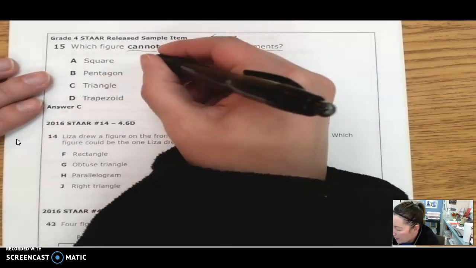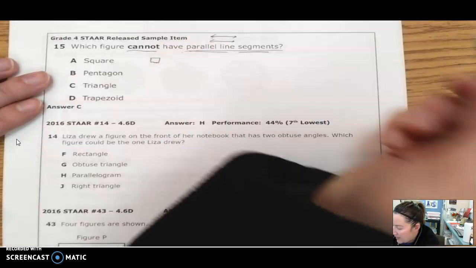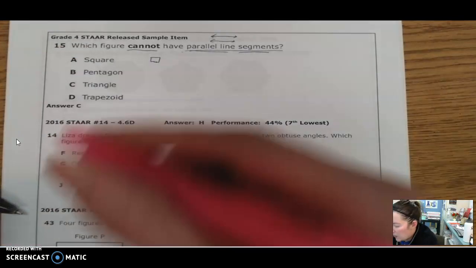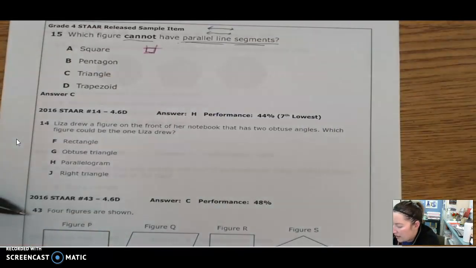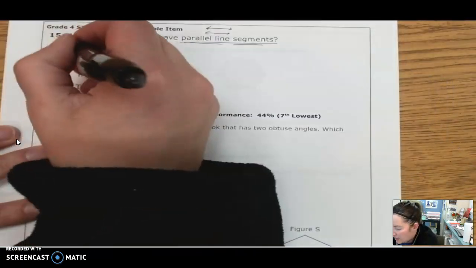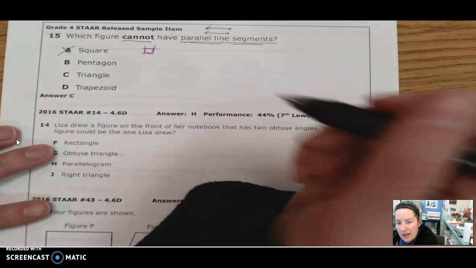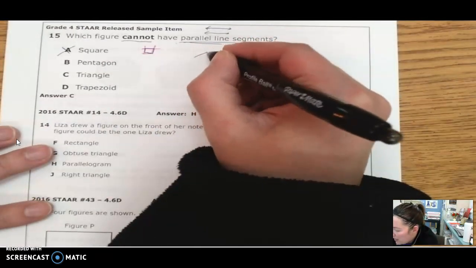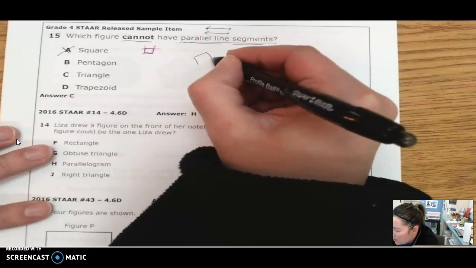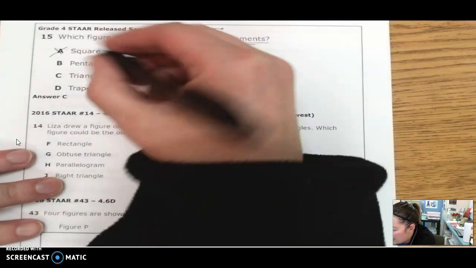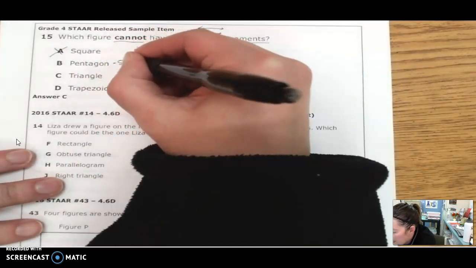So a square. Does a square have parallel lines? Yeah, a square has parallel lines. Look, it's got some right here, and it's got some right here. So I'm looking for which one cannot have parallel lines, right? So not square. A pentagon. Now, normally, if you think about a pentagon, you think like this, and oh, they're not parallel. But you can draw a pentagon as a shape with 5 sides.